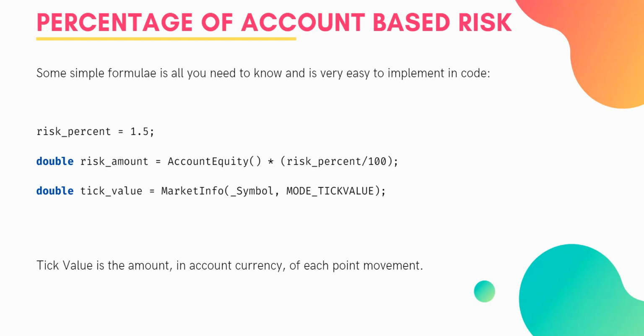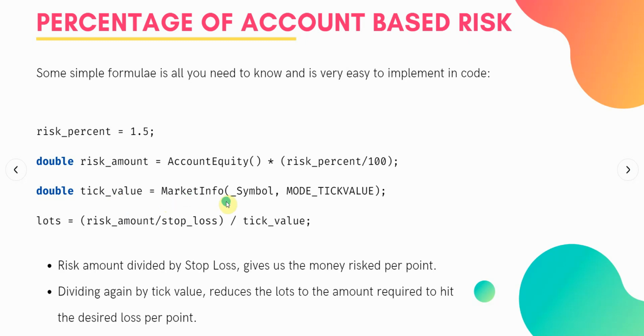So this is where it can go a bit wayward, and why it's important to test, at least on a demo. If you use the market info function, the symbol gives us the current symbol, and we use this flag here, mode tick value, to say that we want the market info of the tick value from the current symbol. That puts that into this variable here that we've just created, and then we need to do something else.